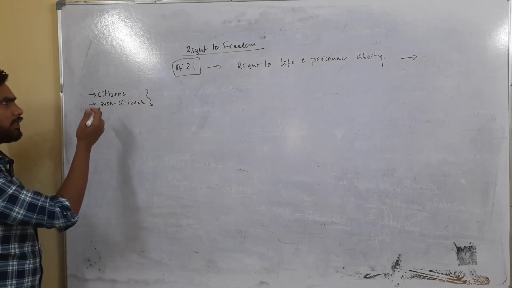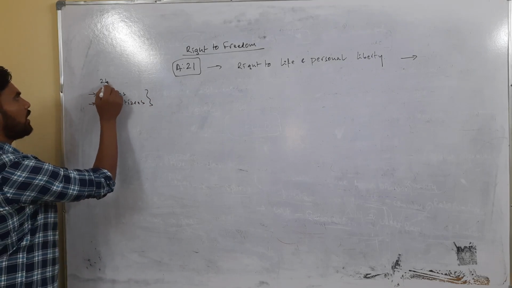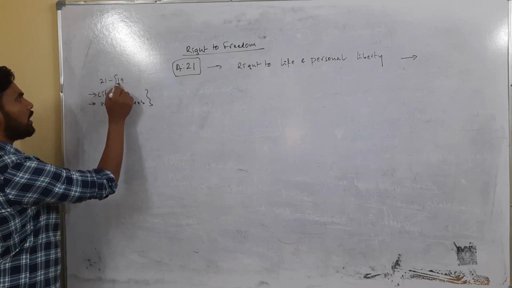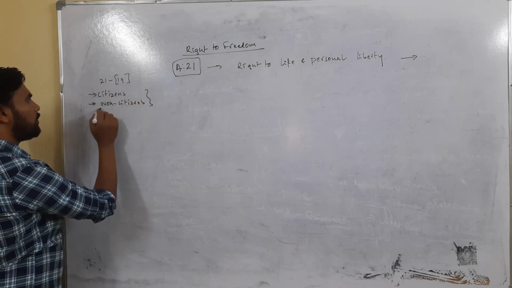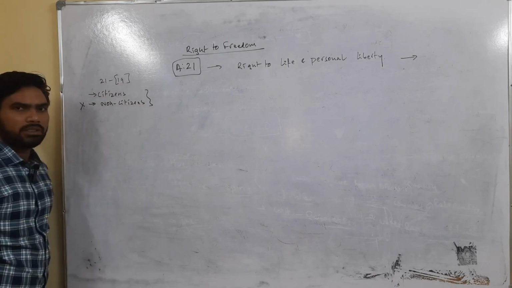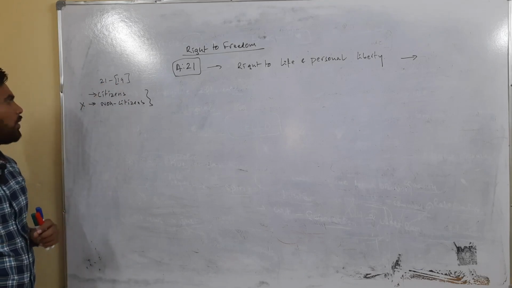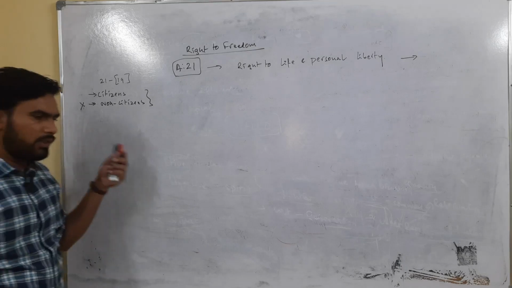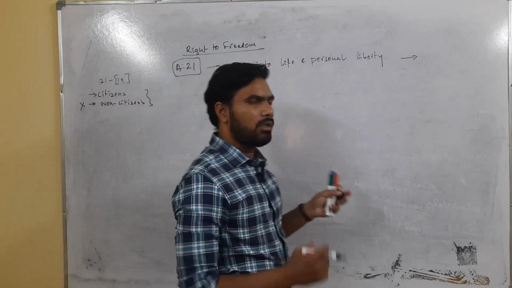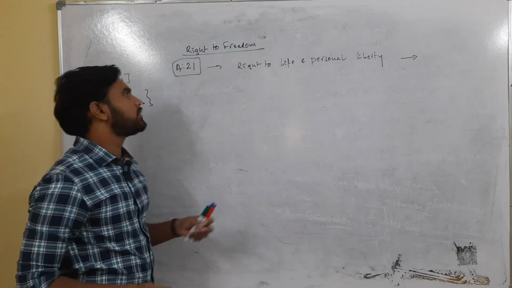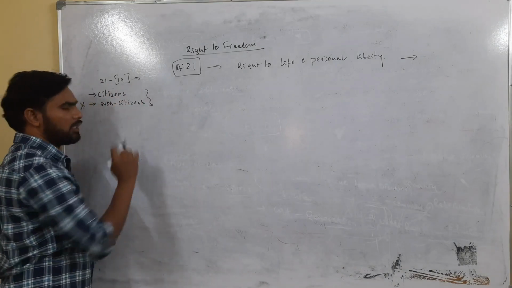This is the major difference between Article 21 and Article 19. Article 19 is not available for non-citizens; it is available only to citizens. We have seen everything about Article 19, the six freedoms guaranteed under it.